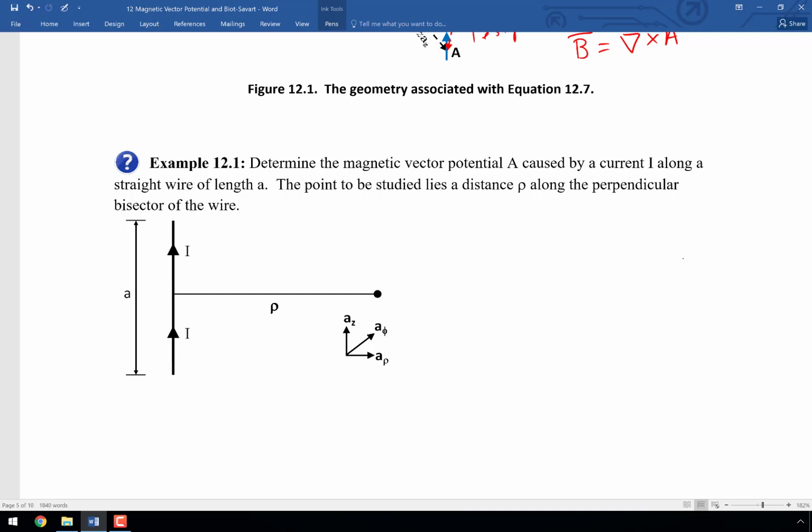So we have a current I that is going along a straight wire of length A. Now you might say, where is that current coming from and where is that current going to? And I will say, don't worry about it for now. This is an imaginary problem. Obviously, if this is an actual current, it has to complete a loop. I understand that, and I just want you to know that I understand that.